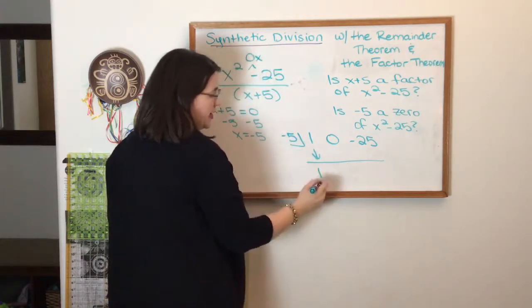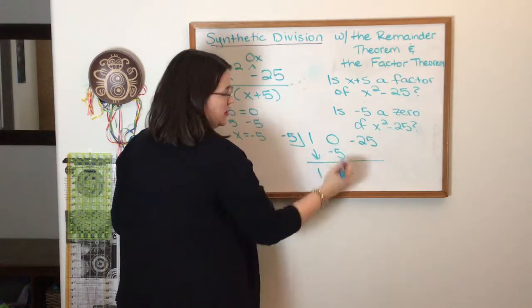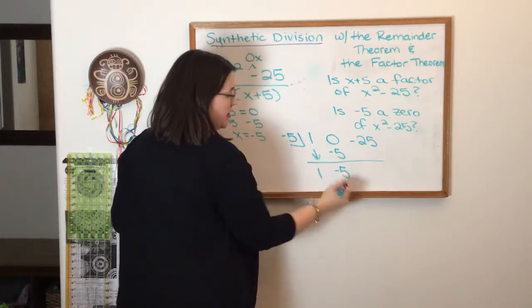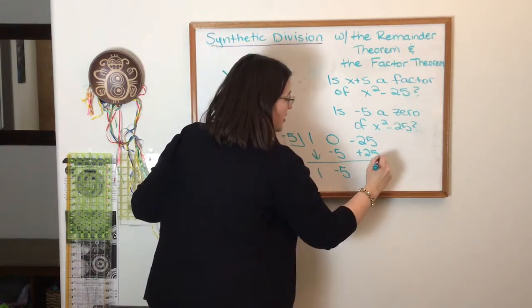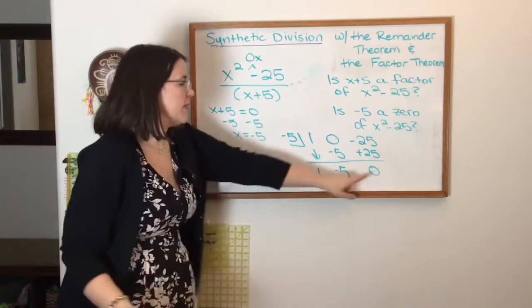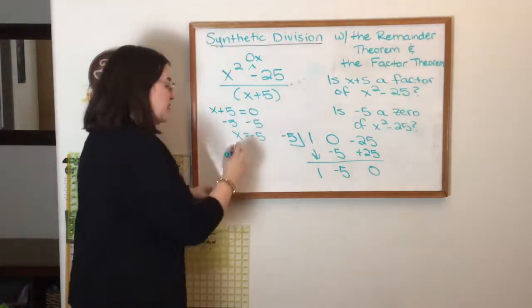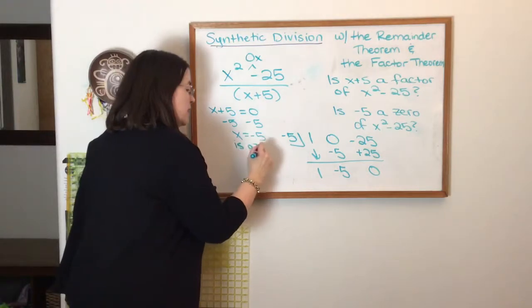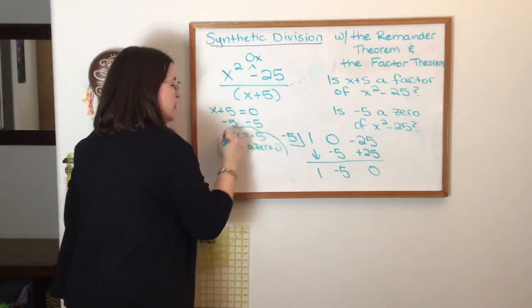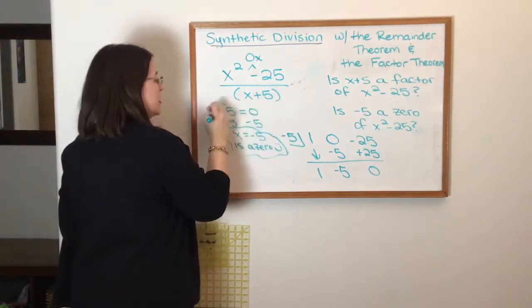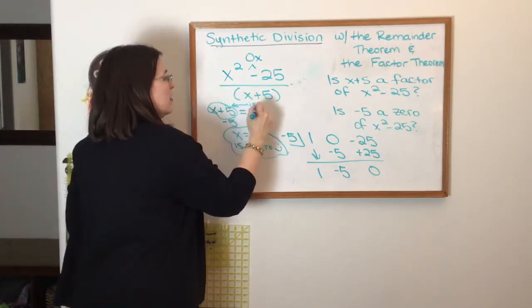I drop my 1, -5 times 1 is -5, 0 minus 5 is -5, -5 times -5 is positive 25. If my remainder is 0, then this is a 0, this thing right here, or you could say that this thing right here is a factor.